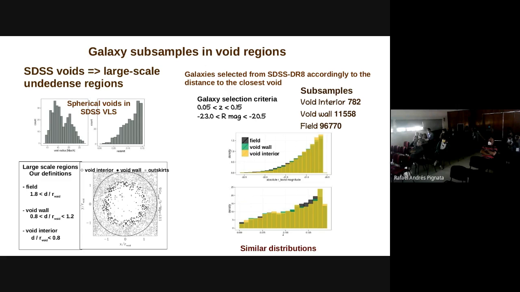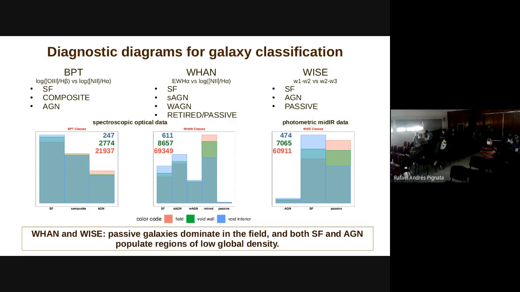And here you can see the luminosity distributions and the redshift distribution of the different samples. The colors correspond to the different large-scale regions. In the upper panel, you can see that the absolute magnitude distribution is similar for the 3 subsamples. This is important in order to avoid luminosity biases.